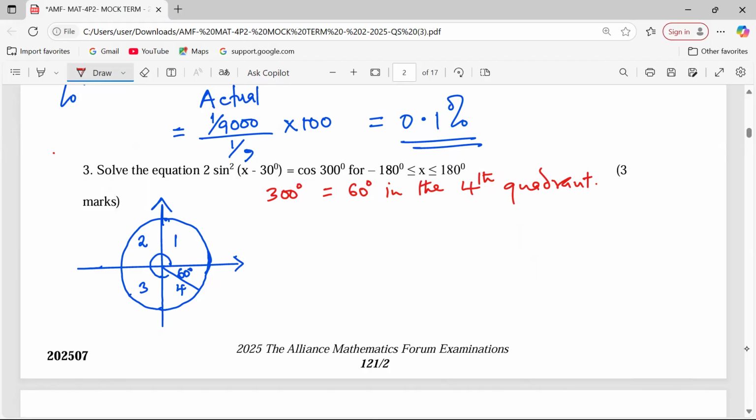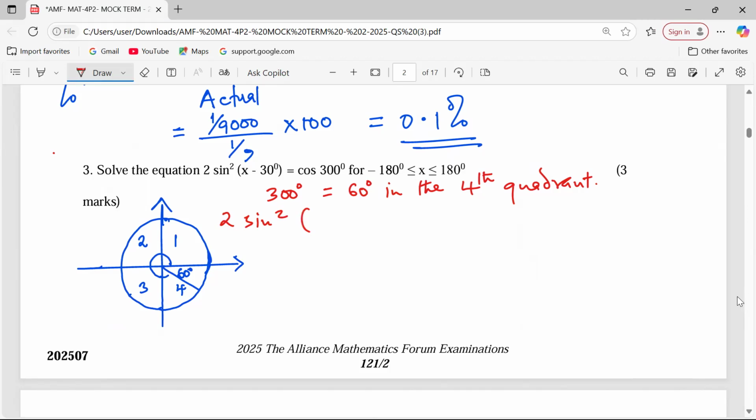So all the trigonometric ratios of an angle of 60 degrees in the fourth quadrant shall align with 300 degrees. After knowing this, the cosine of 60 is equal to the cosine of 300 degrees.